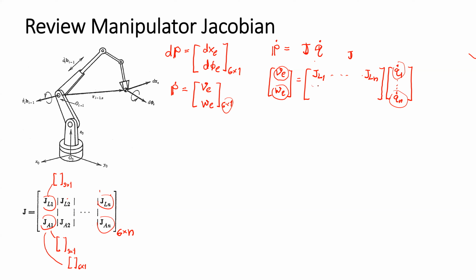For the angular velocity, we have the Jacobian of angular velocity, and it's gonna relate to the velocity of the first joint until joint n.